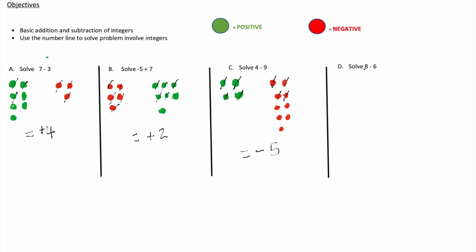Same example here when we have 8. We're going to use circles to represent the 8 positive units. And then we use red circles to represent the 6 negative units.